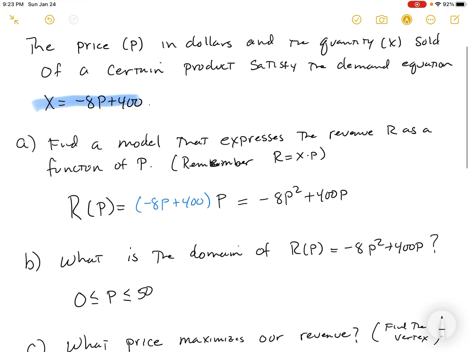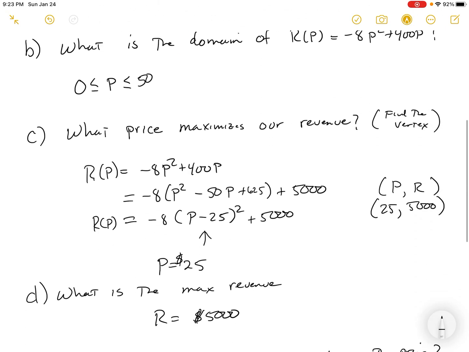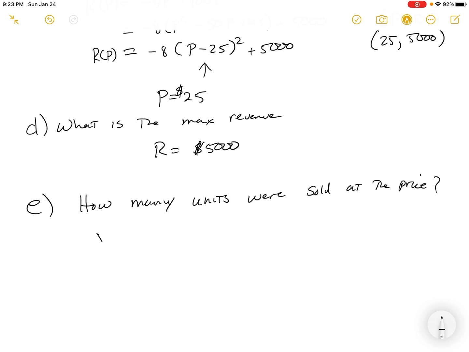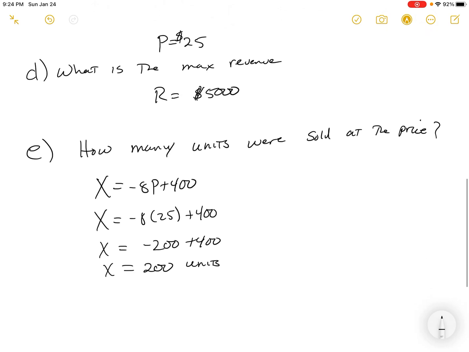X is equal to negative 8p plus 400 would tell us how many units we sold at a particular price. And so X is equal to negative 8p plus 400. So X is equal to negative 8 times 25 plus 400, right? And so what are we going to get out of that? X is equal to negative 200 plus 400. So X is equal to 200 units sold. We sold 200 units in order to get that maximum revenue.